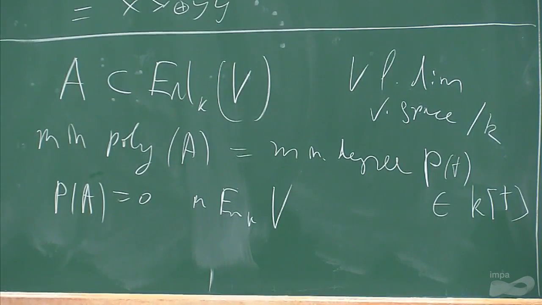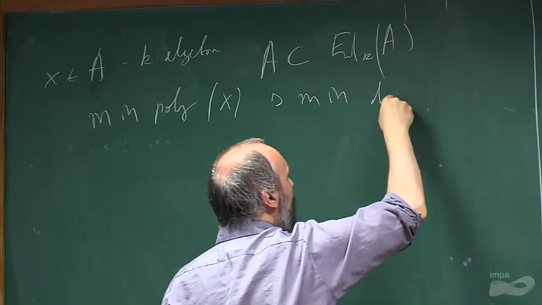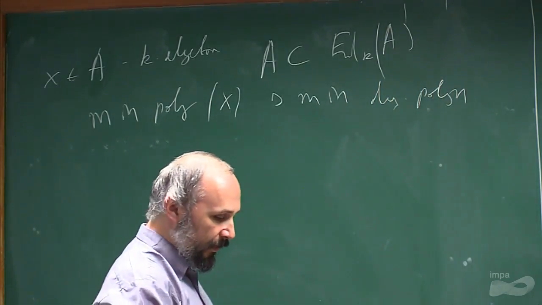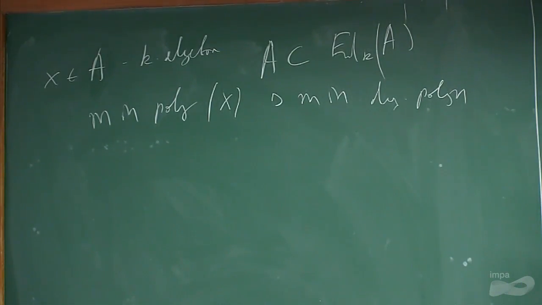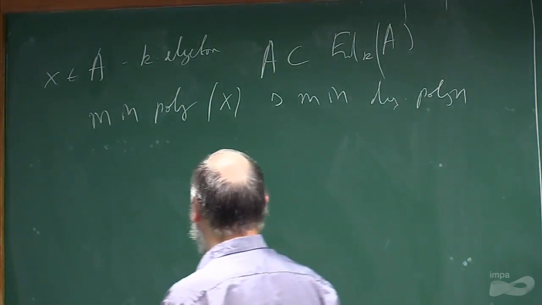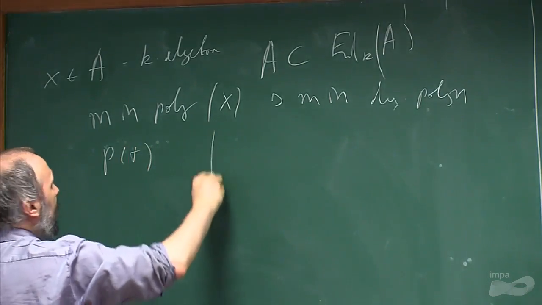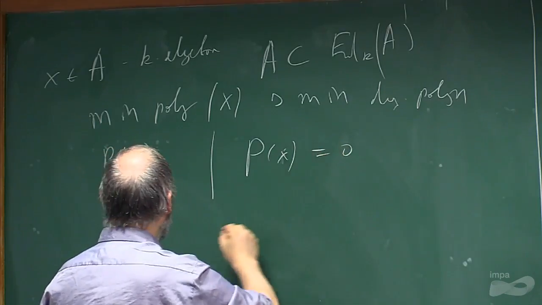The minimal polynomial of x is the minimal degree polynomial. For definiteness it's better to ask it to be monic, with leading coefficient 1, but it doesn't matter. It is the minimal degree polynomial P of t such that P of x is 0.